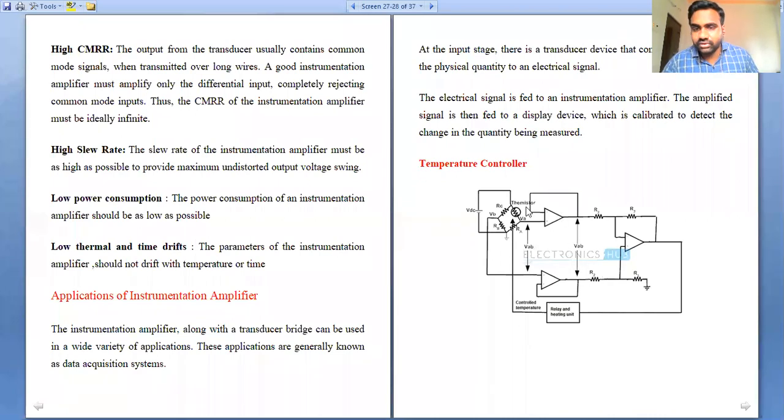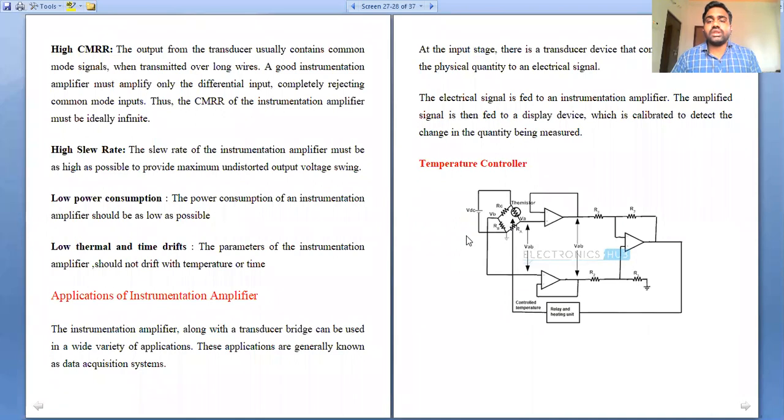This looks like a bridge type transducer. Here we have 4 resistances, and it takes a physical signal and converts it into a voltage, which is given as input to this three op amp instrumentation amplifier.